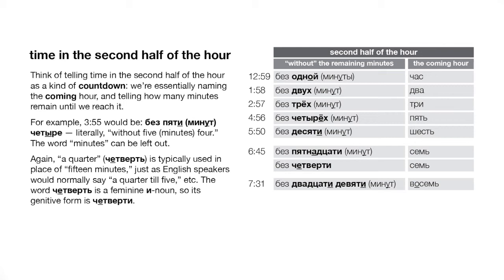So here, right, без 29 минут 8, without 29 minutes 8. Now again, with these compound numbers, 29, for example, we have two separate words, two separate numbers. Those are both going into the genitive, right? So 29, we get без 29 минут 8.